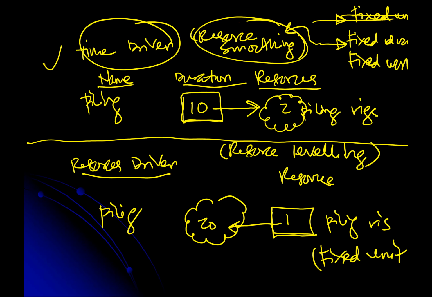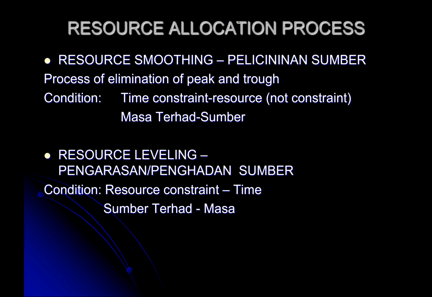Then only you can get the right resources. But in resource driven, it is very easy. You set the resource to whatever you wish. Then you will see it could adjust the timing of an activity or even the project. Then you need to decide whether it is acceptable or not. Later on, I will show you in Microsoft Project. We will continue from the previous example anyway.